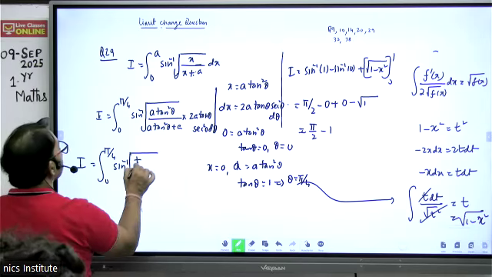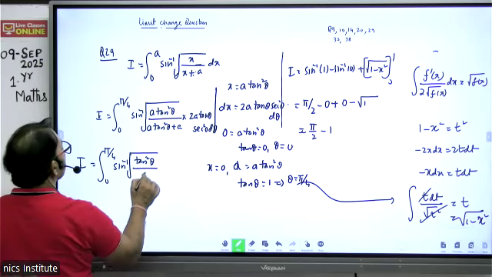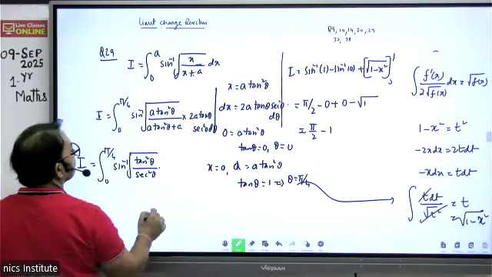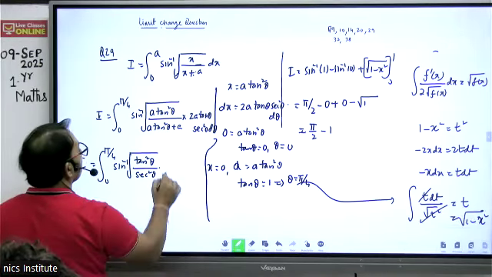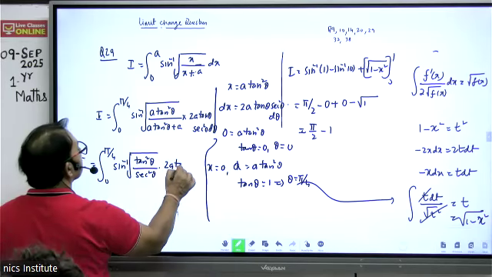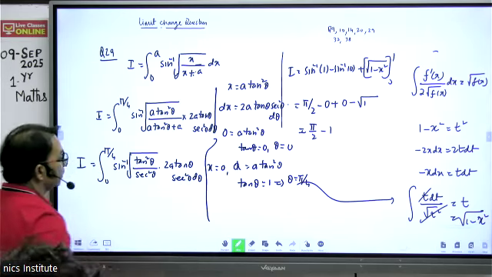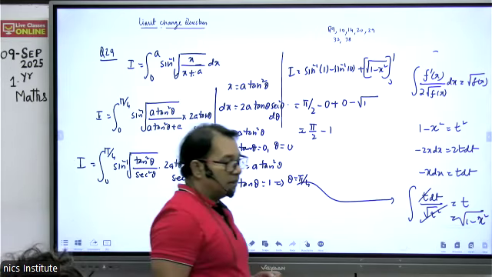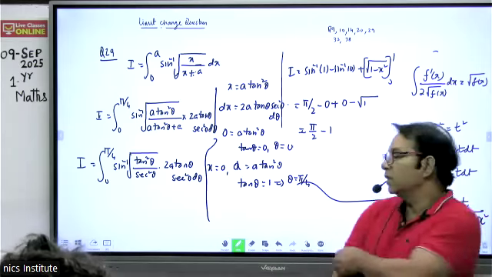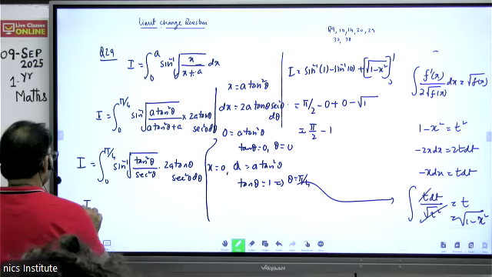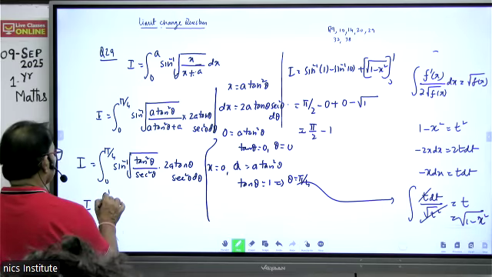Inside the root you have tan square theta. A cancels. Tan square theta plus 1 is sec square theta. Tan square theta by sec square theta is sine square theta, whose root is sine theta. Sine inverse of sine theta.